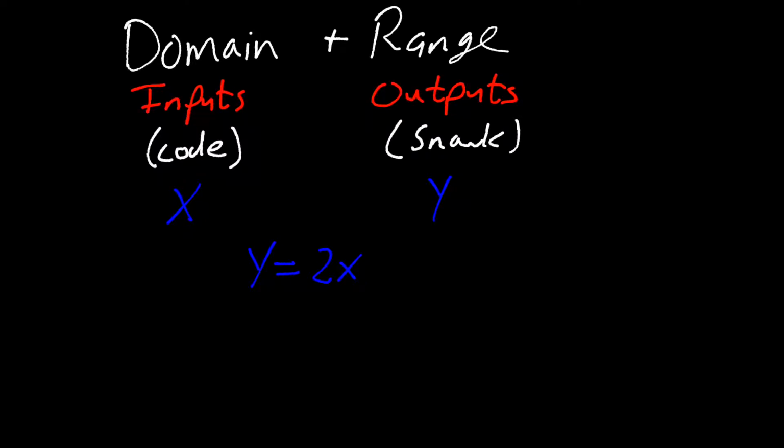Now, how can we use this to determine functions? Let's take a look at a little bit of what I call a map. In this map, we have domain on the left and range on the right. And the way this works is you have numbers in your domain, 2, 4, 7, 9, whatever.